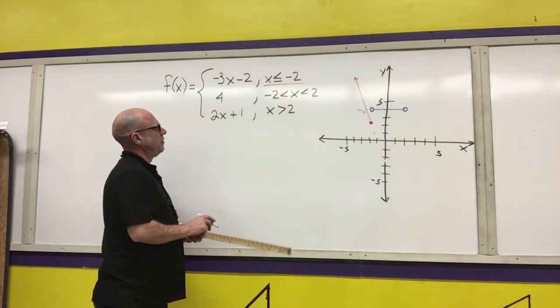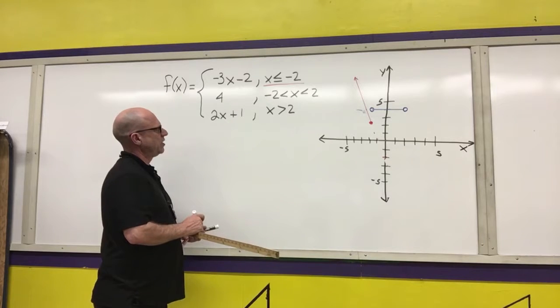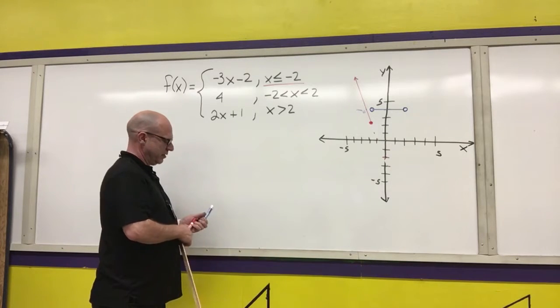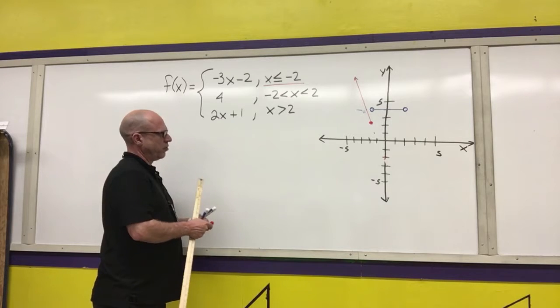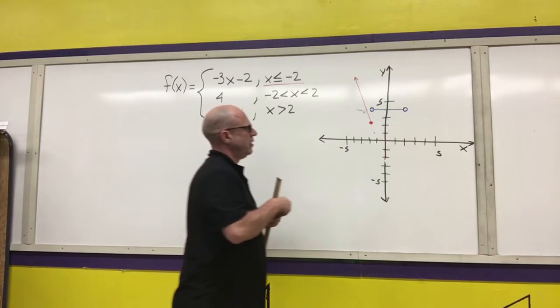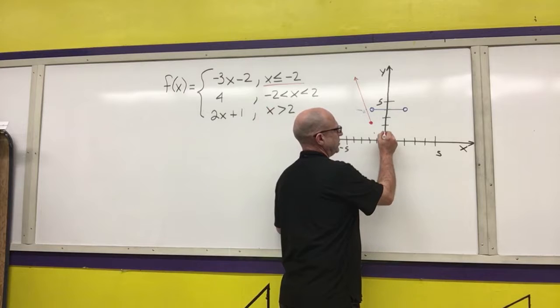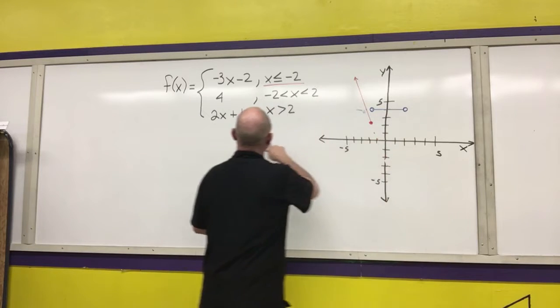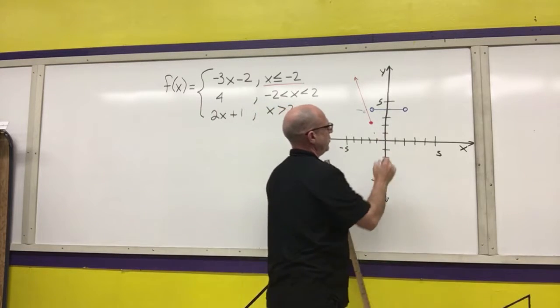And the last part of my function is the equation 2x plus 1 when x is greater than 2. So the graph of 2x plus 1 is a line that has a y-intercept of 1 and a slope of 2, which is up 2 and 1 to the right.